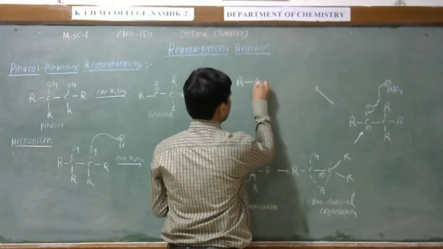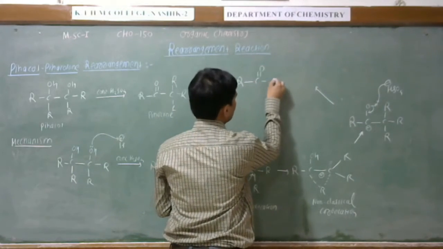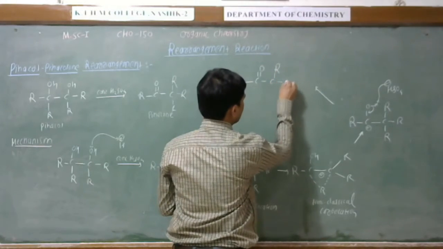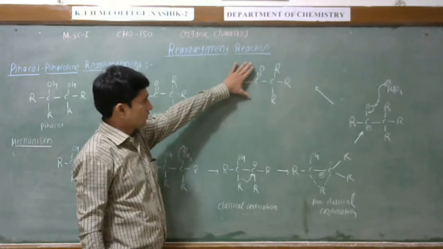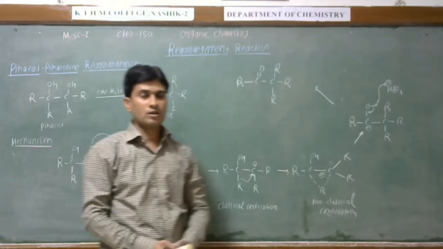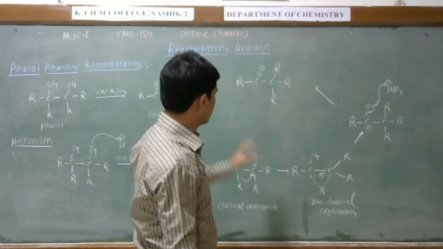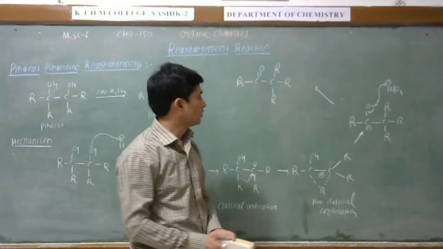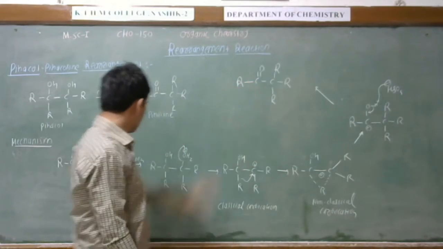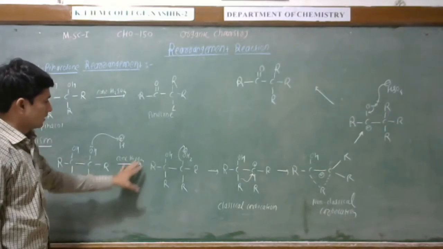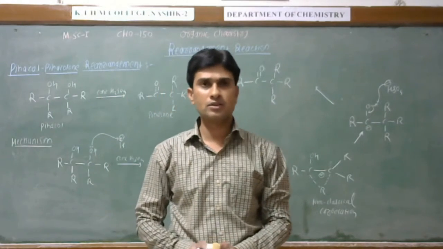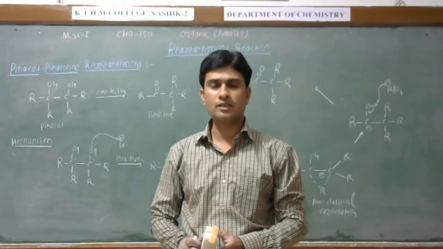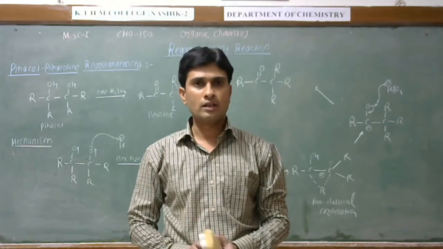This is R, C double bond O. This is C, R, R. This is R. This compound is nothing but the pinacolone. So in such a way, we got here the pinacolone from the pinacol by adding the concentrated sulfuric acid, and hence this rearrangement is known as the pinacol to pinacolone rearrangement or pinacolic rearrangement.